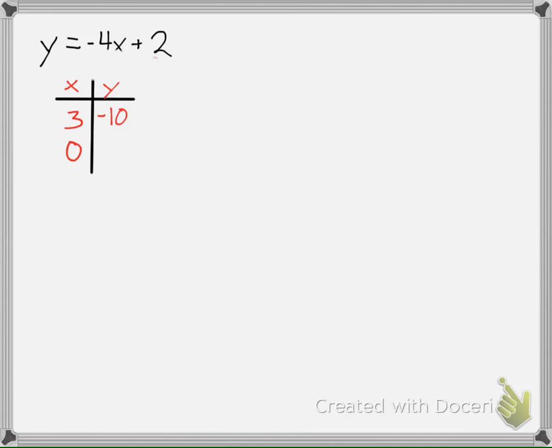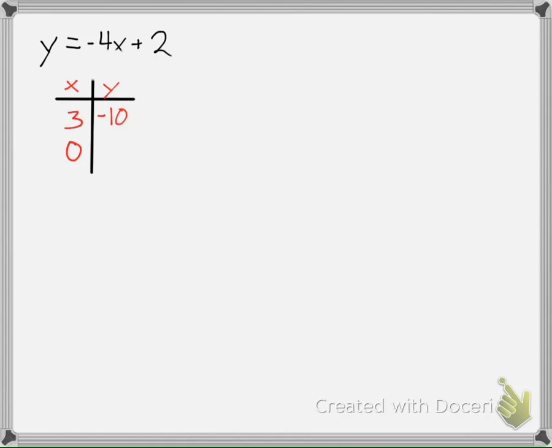What happens if I let x be 0? Absolutely. X can be whatever you want it to be. Absolutely anything. Richie? Okay. -4 times 0 is?